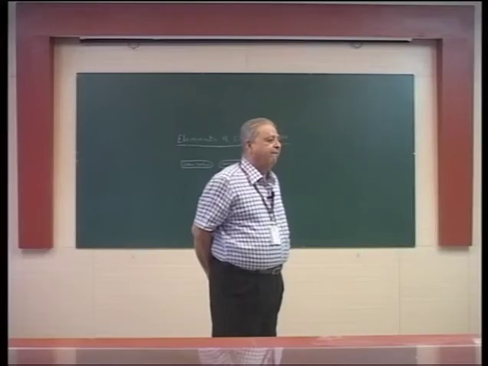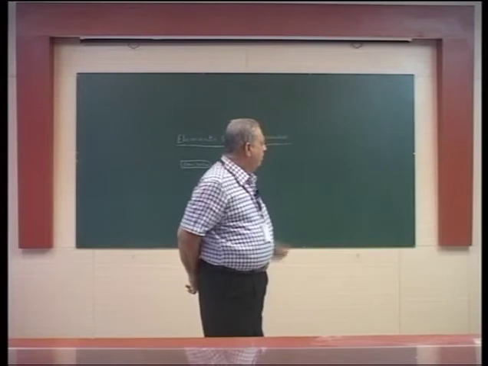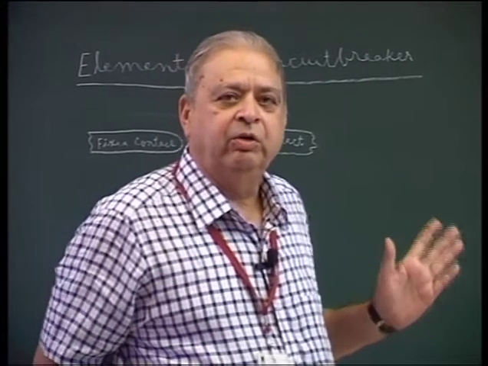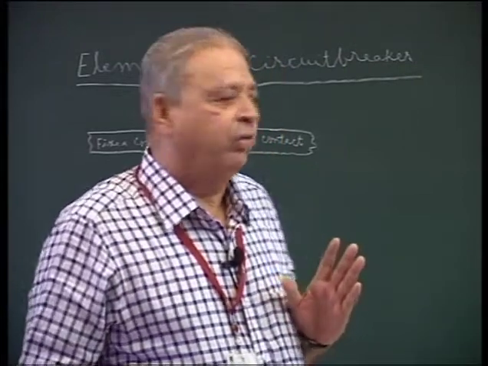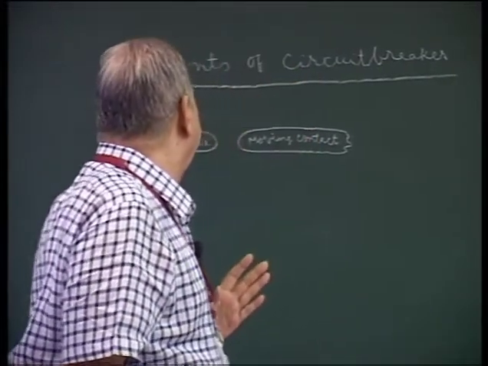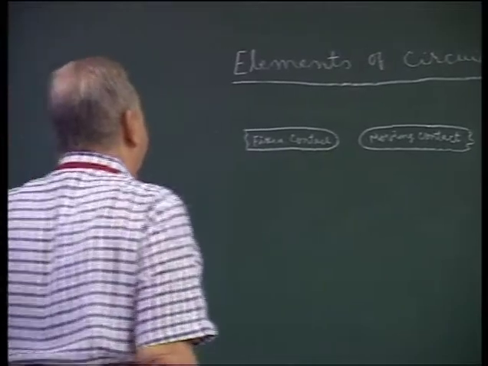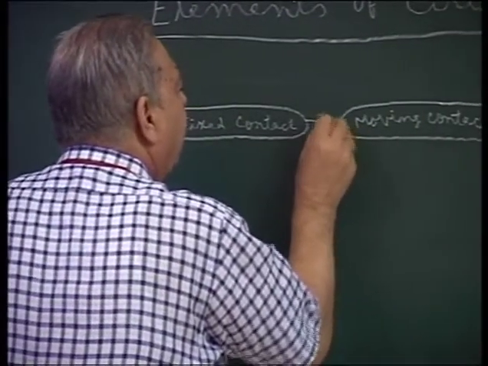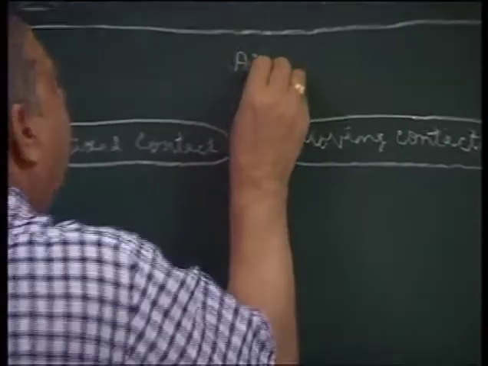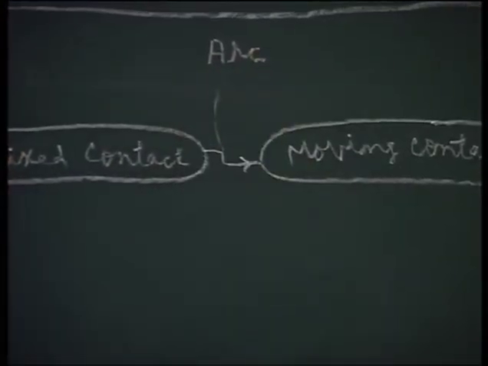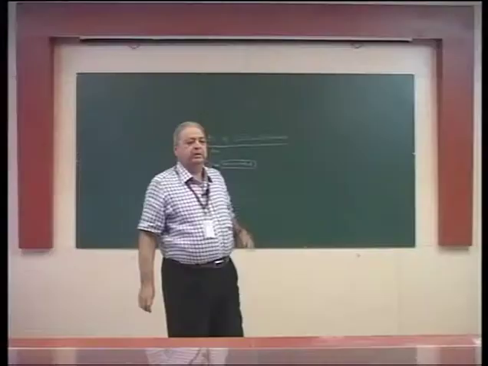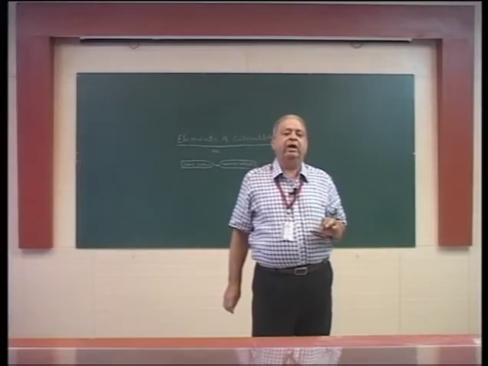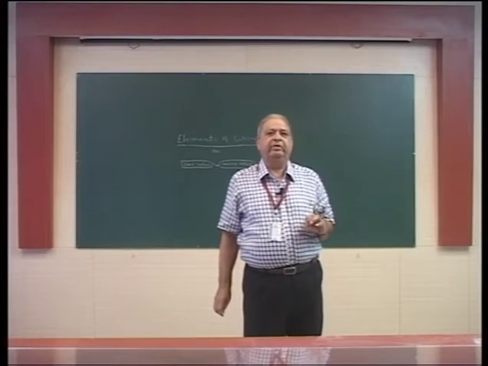Now, when the lock is removed and the moving contact quickly moves away from the fixed contact, an arc strikes. And due to this arc, the current does not become suddenly zero till this arc is extinguished.